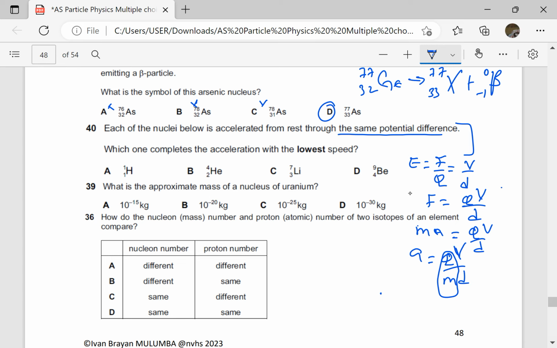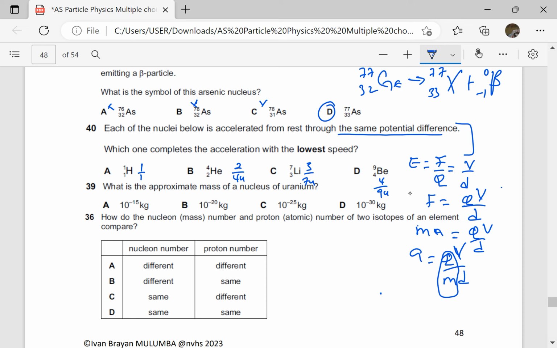So we can check. Here the charge is 1, the mass is 1. Here the charge is 2, the mass is 4u. Here the charge is 3, the mass is 7u. Here the charge is 4, the mass is 9u.